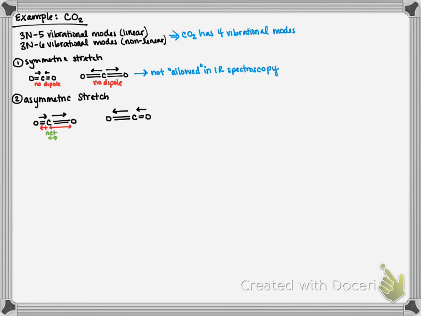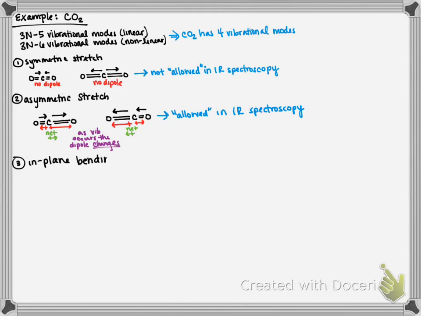So there's a net dipole in one direction, and there will be a net dipole in the opposite direction when it swings the other way. So as this vibrational motion occurs, the net dipole is going to be switching back and forth, left, right. So there is a change in dipole moment throughout this vibrational motion. And because this dipole changes as the vibration happens, this is an IR allowed or IR active mode or motion.